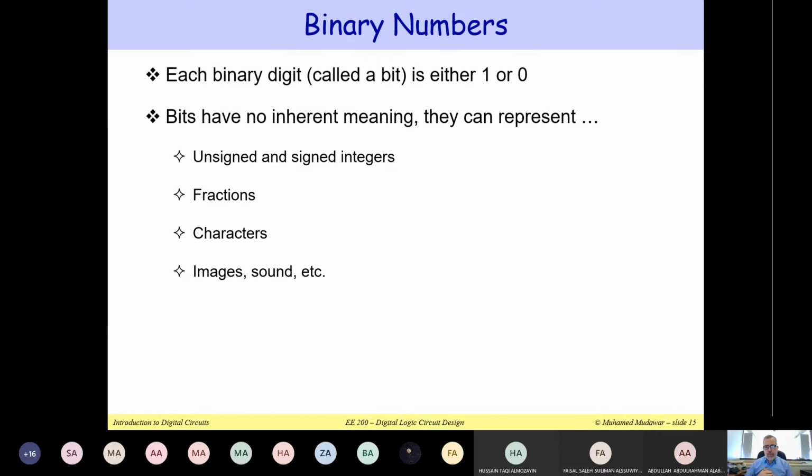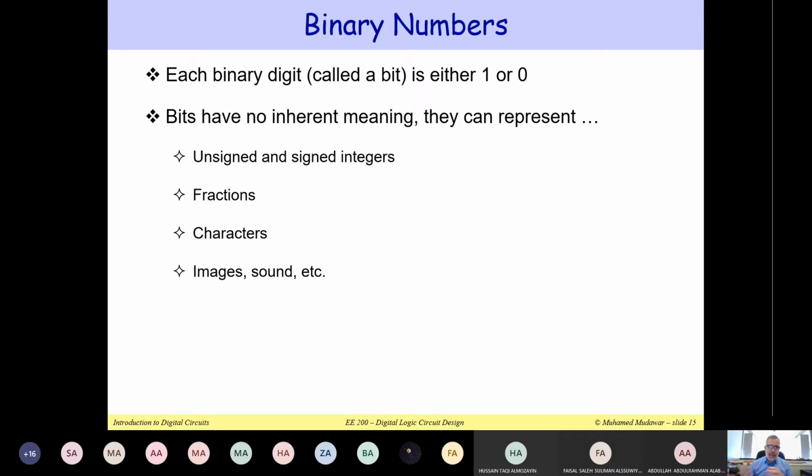I'll talk about how to represent signed integers later. Today, I'll talk about unsigned integers, how we can use a group of bits to represent an unsigned integer. On Thursday, I'll talk about fractions, how to represent even fractions with bits. You can represent fractions. You can represent characters.